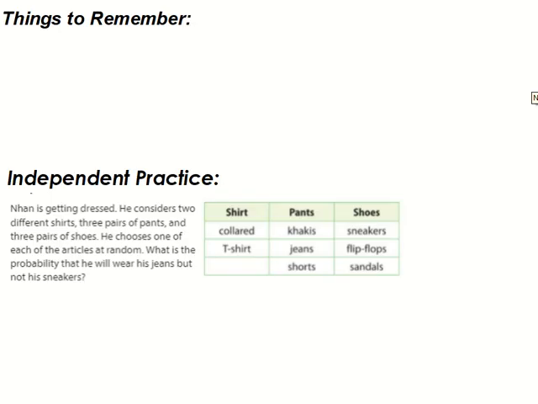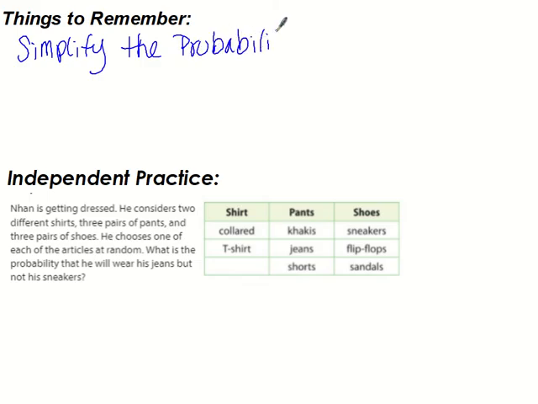Okay. So things to remember. Simplify our probabilities. Oh, I'm going to use a different color now. It's a lot of eyes. Simplify the probabilities.